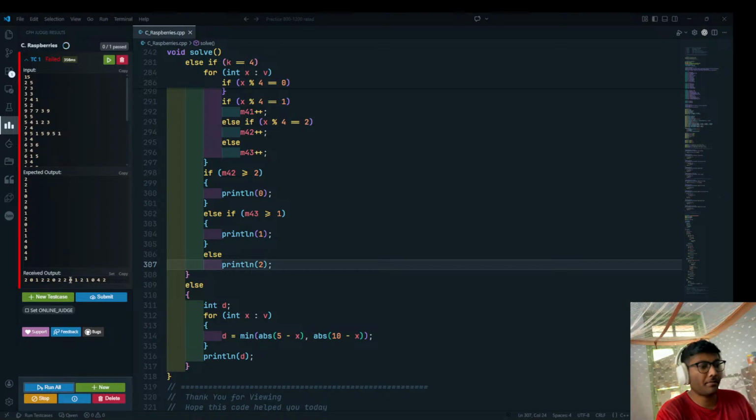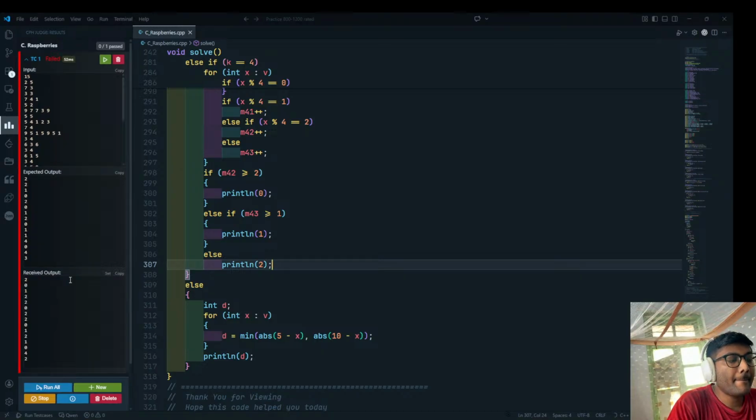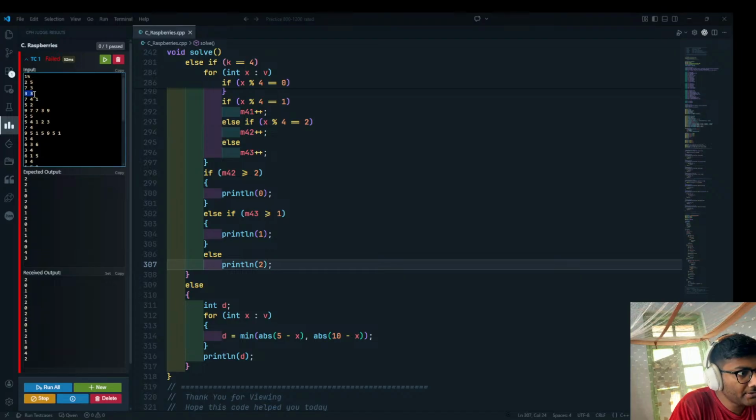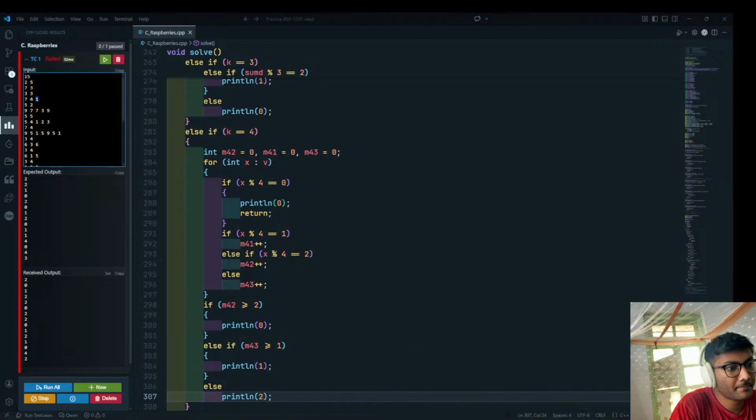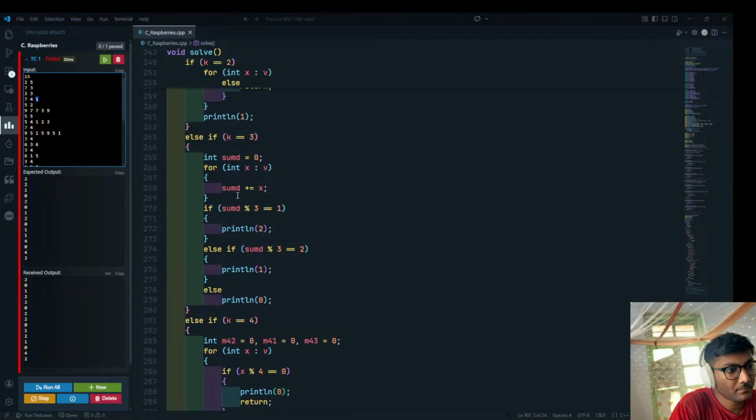We do have some logical problem, I guess. Okay, so the second case, that is 3, and 7, 8, 9, 10, 11, and 12. If case 3, sum is 0.